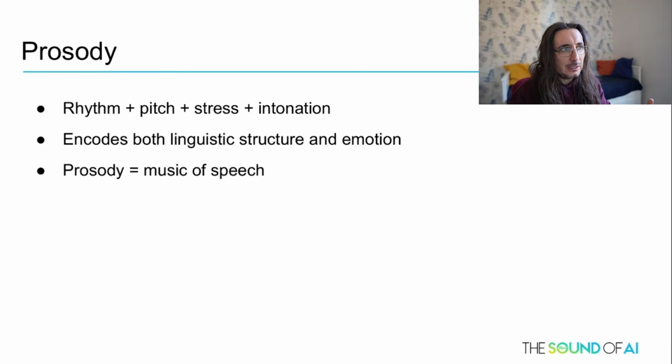But prosody can encode both linguistic structure and emotion, and also meaning, as we'll see in an example very soon. We can think of prosody as the musicality of speech. It's the way we speak, it's the phrasing, it's the rhythm. I can talk super fast, or I can talk very slowly, stressing different words for different effects.